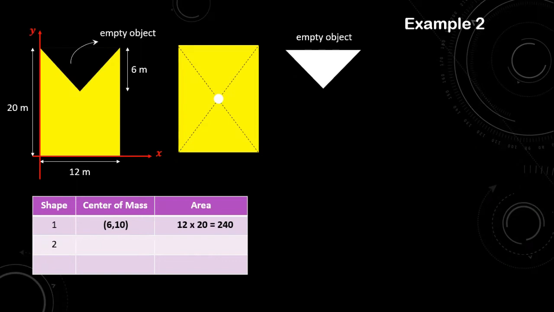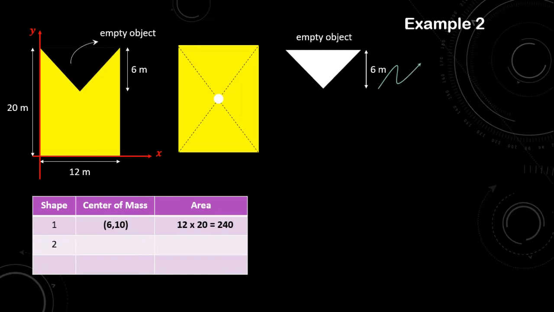How to find the center of mass of this empty object, or this triangle? Students, as we know, the center of mass of the triangle calculated from the base is a third of the height. As we know, the height of this triangle is 6 meters from the base.